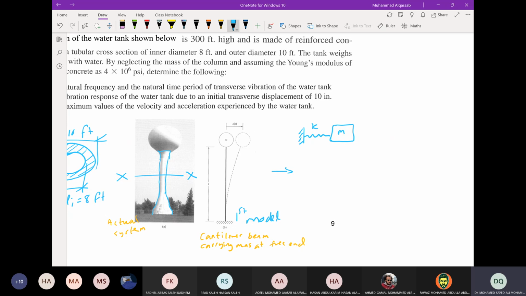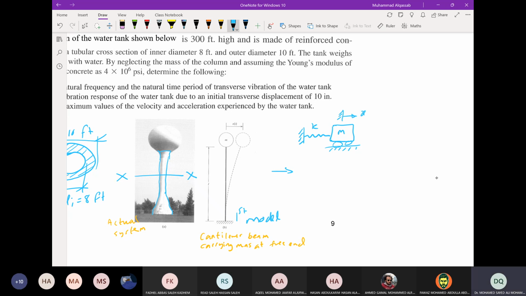Here it is horizontal. As far as the vibration about equilibrium is concerned, it doesn't matter if you arrange the system horizontally or vertically. So you can just add rollers here, and this will be X.